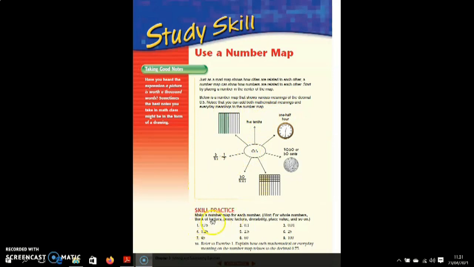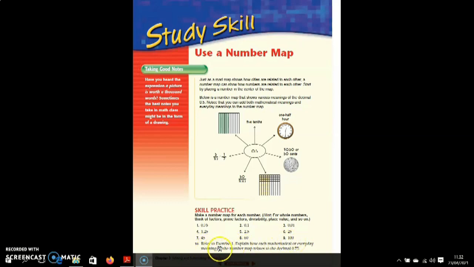Skill practice. Make a number map for each number. For whole numbers, think of factor, prime factor, divisibility, place value, and so on. 10. 1. 0.75, 2. 0.1, 3. 0.01, 4. 1.25, 5. 2.5, 6. 25, 7. 45, 8. 60, 9. 100, 10.